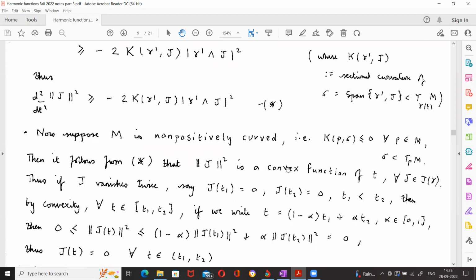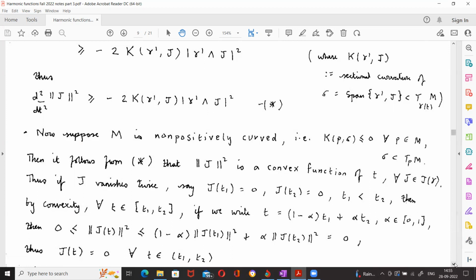So therefore, it's a convex non-negative function. So if it vanishes twice, let's say J(t1) is 0 and J(t2) is 0, where t1 is less than t2, then by convexity, for all t in the interval from t1 to t2, we can write t as a convex combination of t1 and t2.